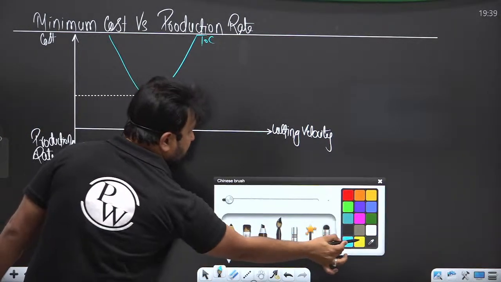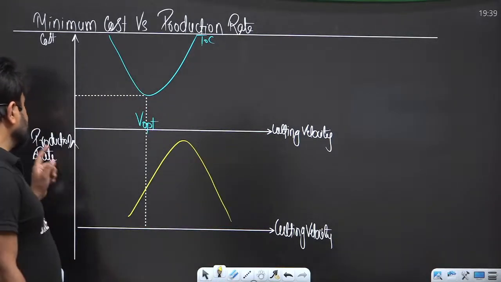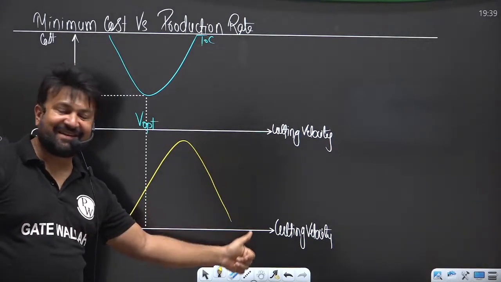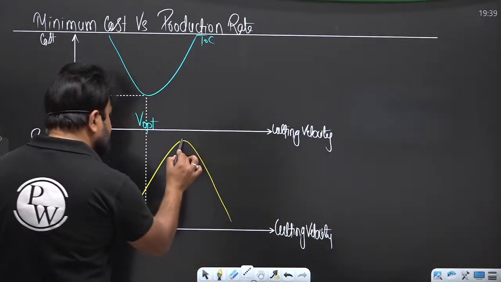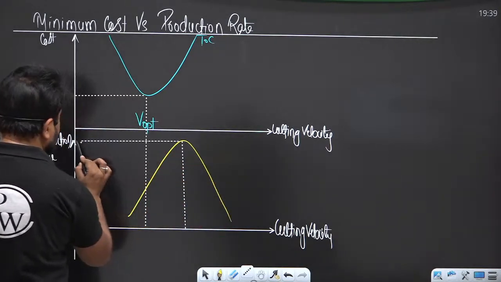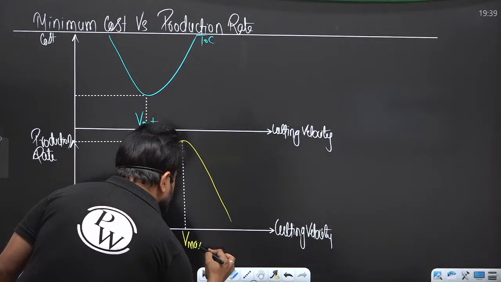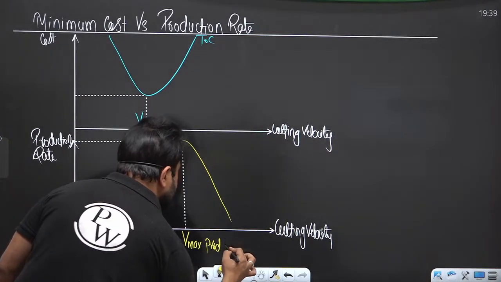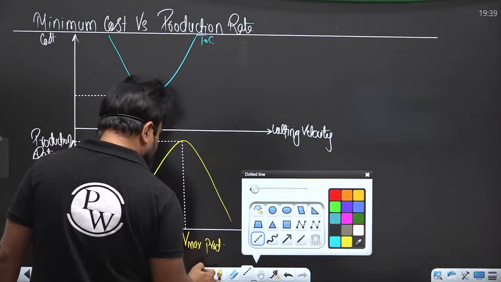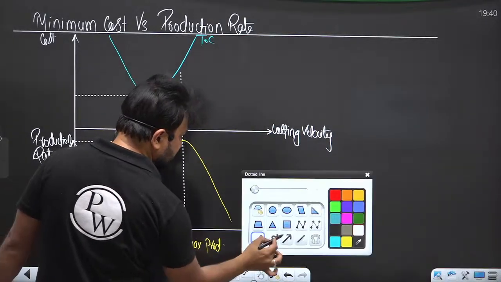Now draw another graph, production rate versus cutting velocity. This is the velocity at which you are getting the maximum production rate. Now your profitable working range must be in this region.